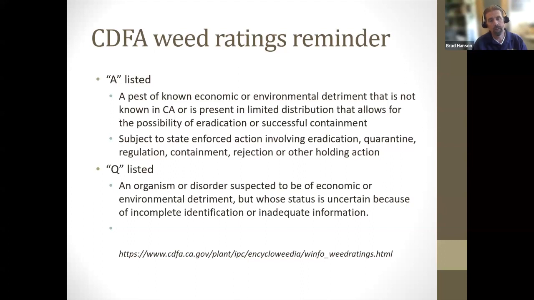So essentially, when a field is reported with a pest like branched broomrape, an A-listed pest, it's quarantined and can't be harvested. And there's a procedure where the field is held, and only non-host plants can be grown for some number of years. As I said a moment ago, Q-listed is basically suspected to be A-listed, but there's not adequate information to make that final determination. So functionally, they're fairly similar from a grower perspective.